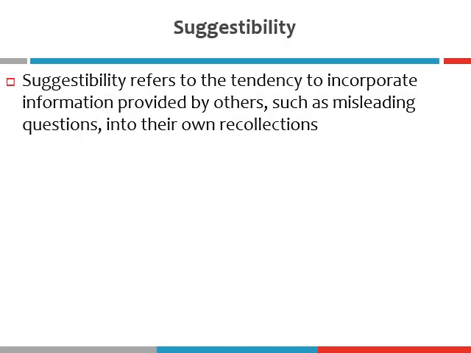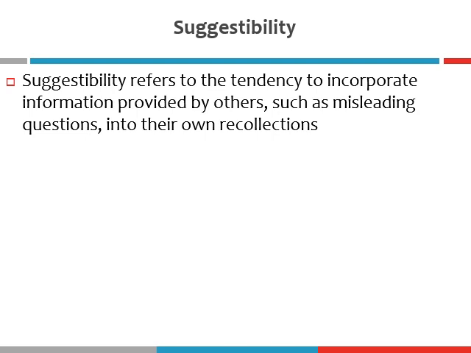Another example of a memory distortion or of an error of commission is suggestibility, right? So suggestibility is simply memory errors that occur because we incorporate information provided by others, particularly misleading or false information, into our own recollections, right?